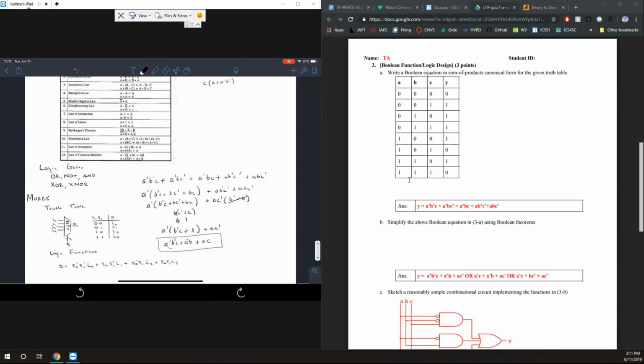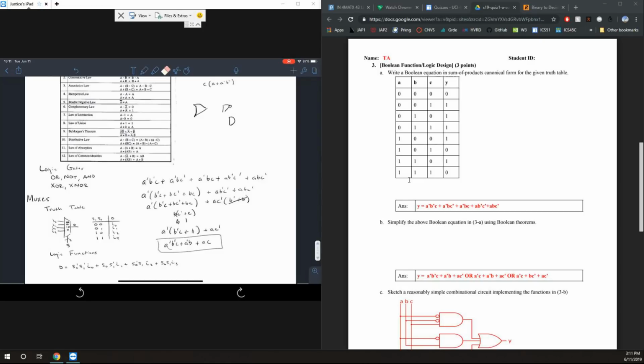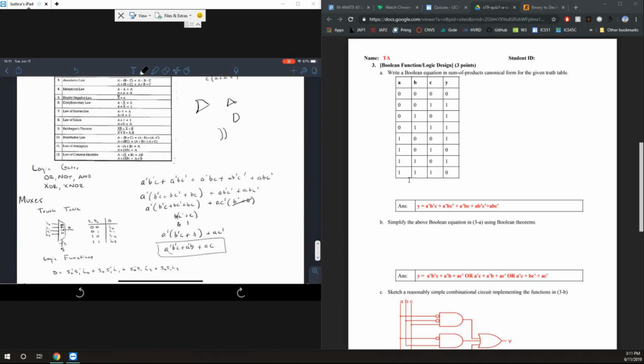Logic gates, we just need to know the different ones. The NOT is just the triangle. They look really shitty, but it's cool. AND gate, OR gate. XNOR is the two lines like that, and XOR is just that one.